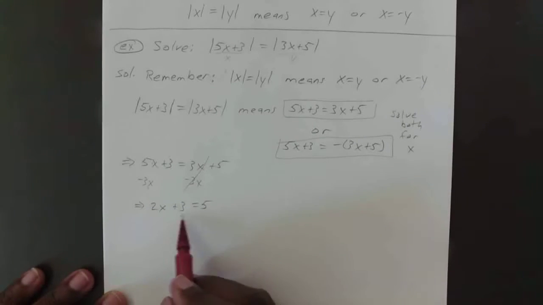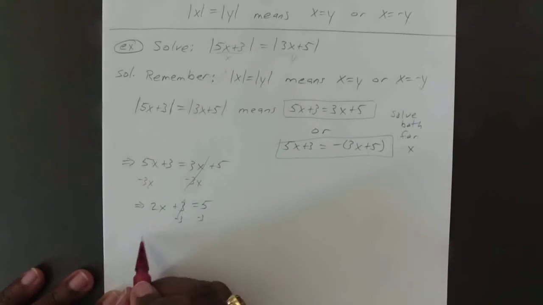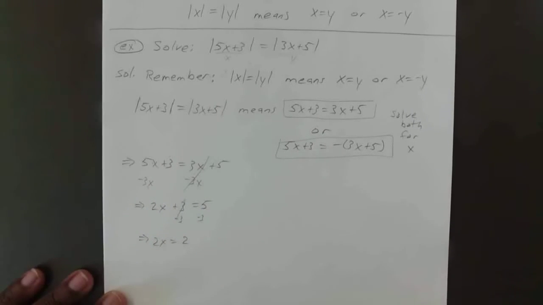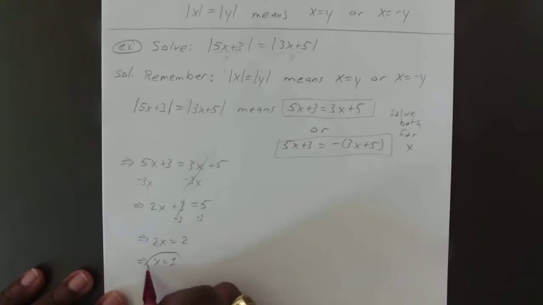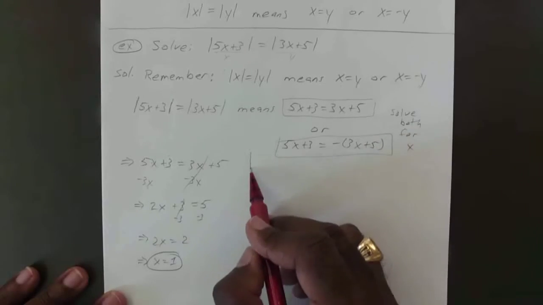And now we just subtract our 3 from both sides. And that gives us 2x equals 2. Divide both sides by 2, and we have x equals 1. So that's our first solution.